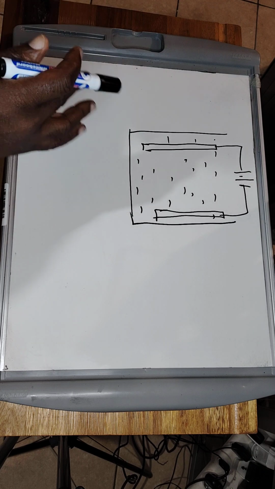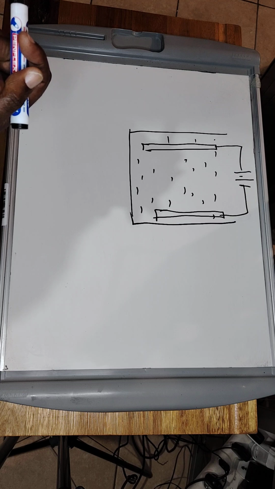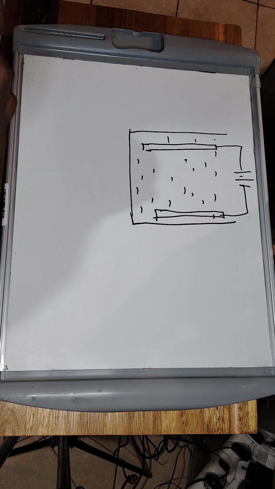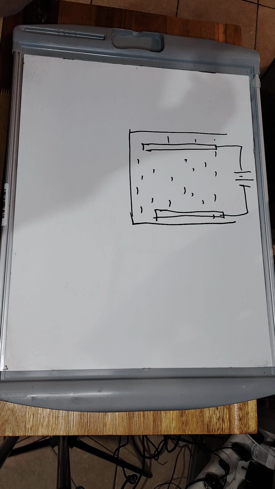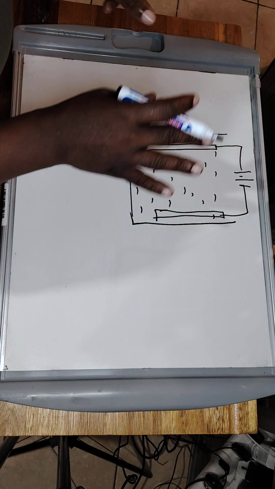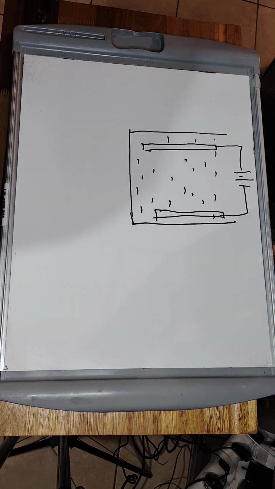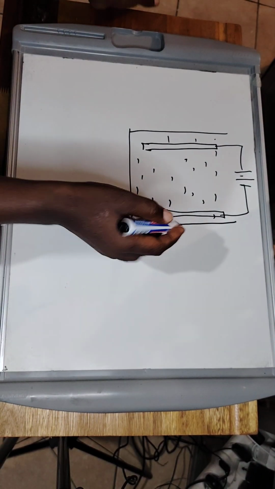Typically, this is the layout of an electrolytic cell. Now, it is important that you know what each of these parts represents. The circuit looks simple and very direct, but the questions which come out of it normally become very challenging to learners. Okay, let us look at them.